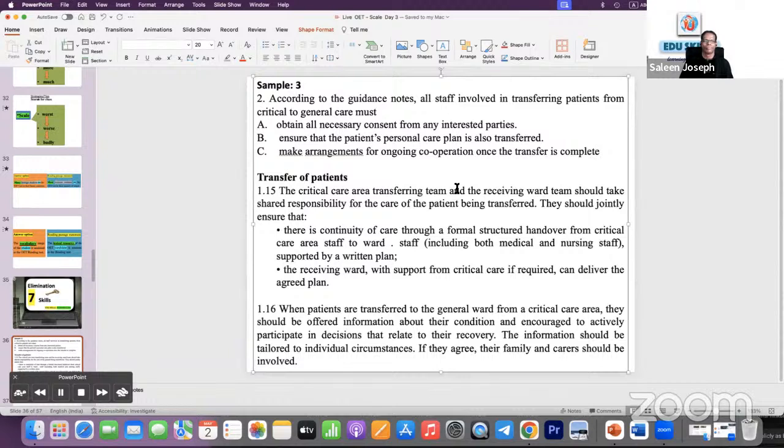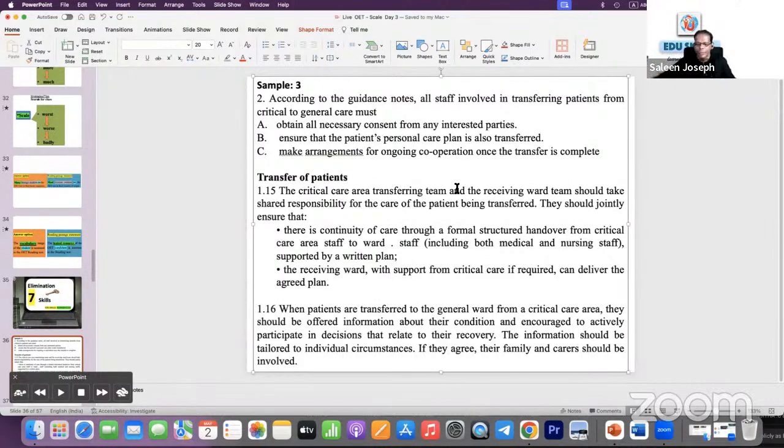They should jointly ensure that there is continuity of care through a formal structured handover from critical care area staff to ward staff, including both medical and nursing staff, supported by a written plan. The receiving ward, with support from critical care if required, can deliver the agreed plan. 1.16: When patients are transferred to the general ward from a critical care area, they should be offered information about their condition and encouraged to actively participate in decisions that relate to their recovery. The information should be tailored to individual circumstances. If they agree, their family and carers should be involved.